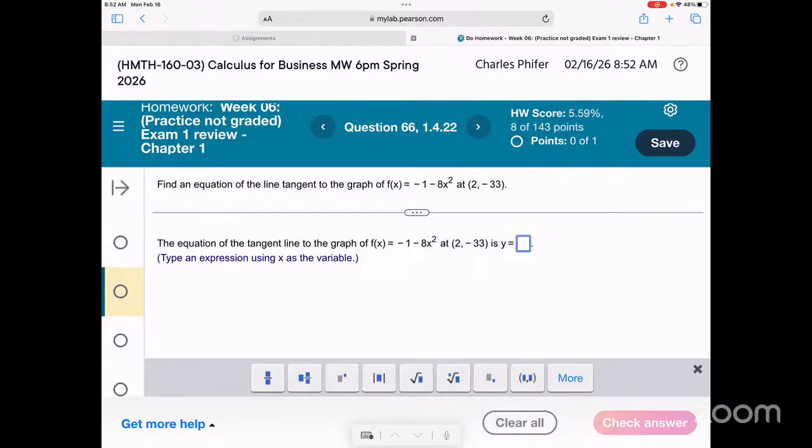The derivative here, what is it, negative 16x? So when x is 2, looks like we get negative 32. So we have our slope, we have our x and our y.